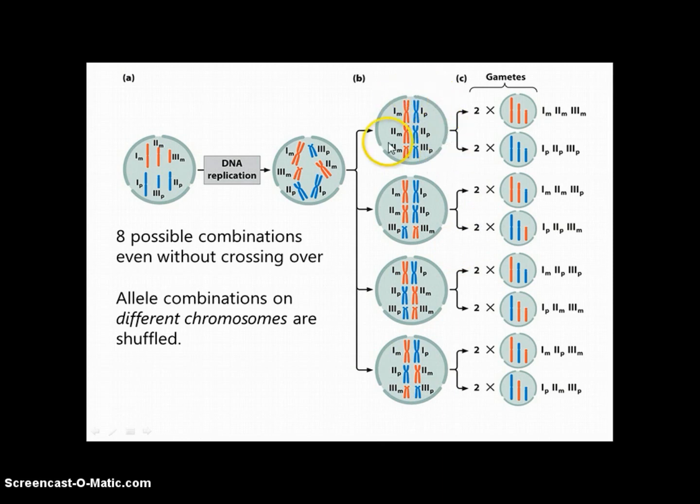And so you could get alignment like this, you can get alignment like this, etc. Completely random. And that was another aspect of Mendel's principle of segregation. And so you end up with these types of possible scenarios. And so recall that this is metaphase 1, and that metaphase 2 is really just splitting up the sister chromatids. Okay, so the real variation comes from metaphase 1.